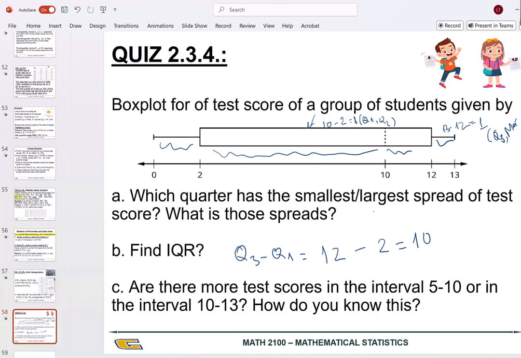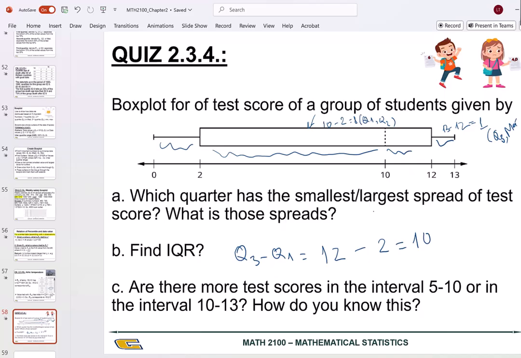Which part has more test scores? From 5 to 10, all the scores belong to the second quarter, because the second quarter is from 2 to 10. So you should have less than 25% of your test scores in 5 to 10.